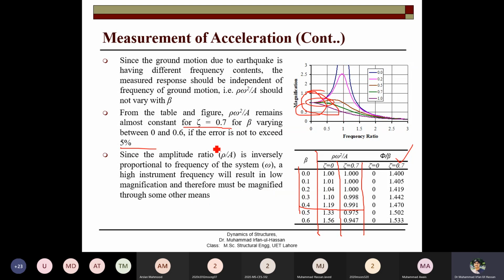So basically, if the frequency is high, then there will be low magnification. This is the transmissibility rho over A, here also termed the magnification, and therefore must be magnified through some other means, not only depending upon the frequency ratios.